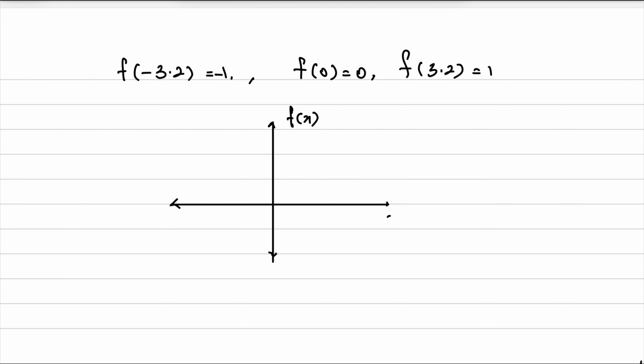Function x here, and I have taken x as minus 3.2, function x is equal to minus 1, here it will be, and function 0 is equal to 0, function 3.2, here positive 3.2, then function is equal to y is equal to 1.